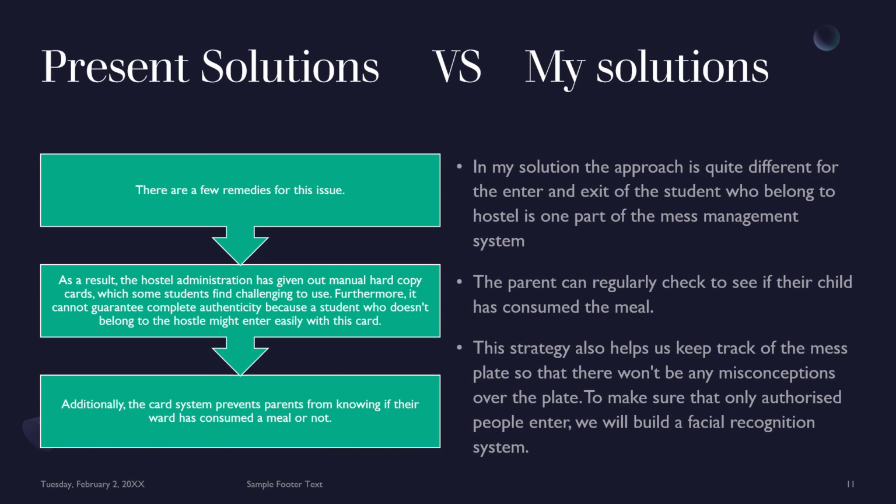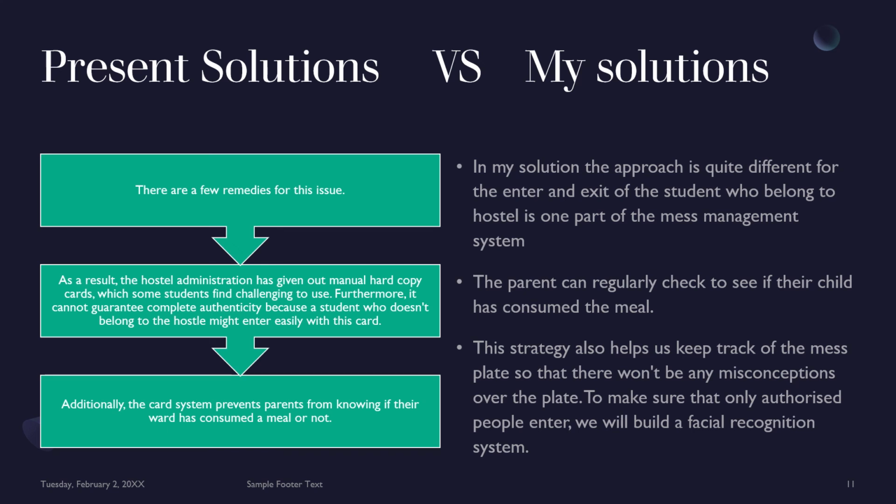Furthermore, it cannot guarantee complete authenticity, because a student who does not belong to the hostel might easily enter using a friend's mess card. Additionally, the card system prevents parents from knowing if their ward has consumed a meal or not.